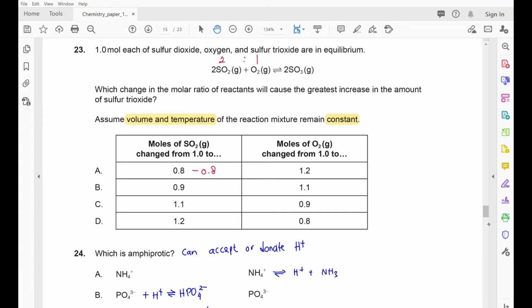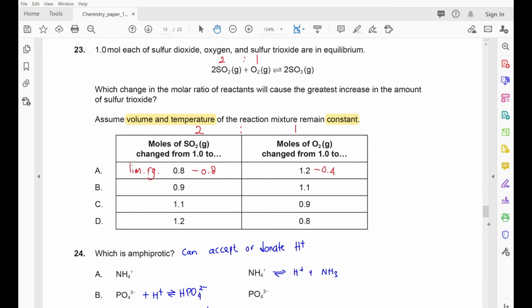Since the molar ratio is 2:1, 0.8 mole of sulfur dioxide requires 0.4 mole of oxygen.